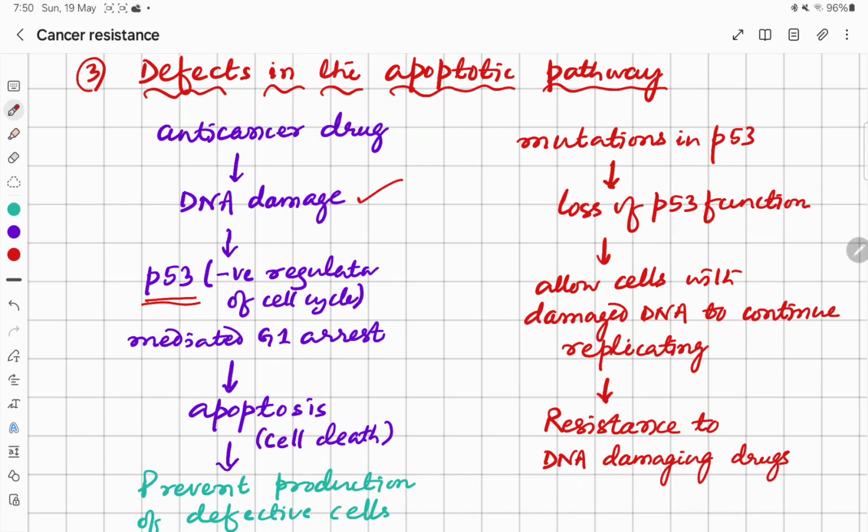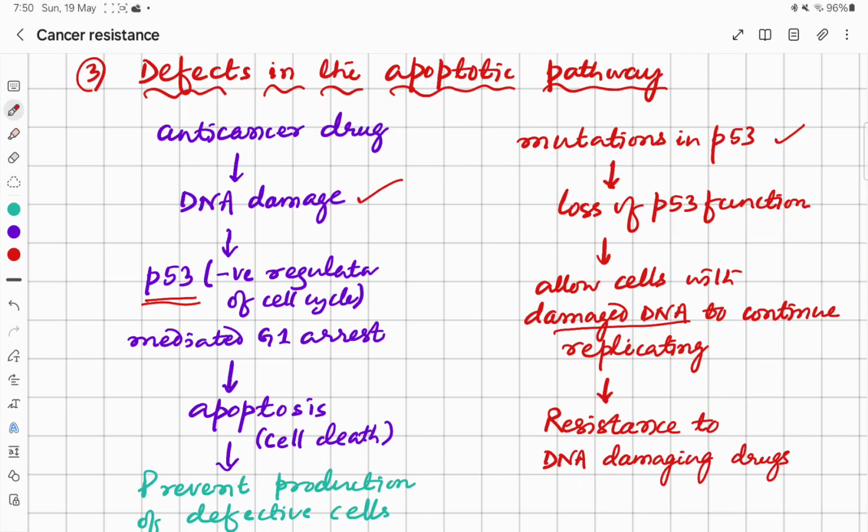But when there is mutation in p53, the p53 function is lost, so there will be no negative regulation of the cell cycle, so it will allow cells even with damaged DNA to continue replicating.